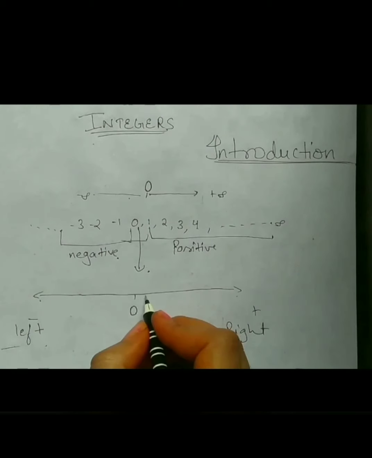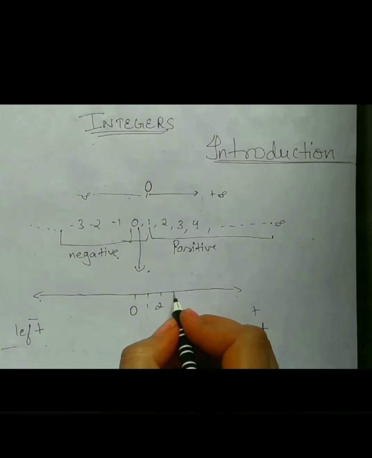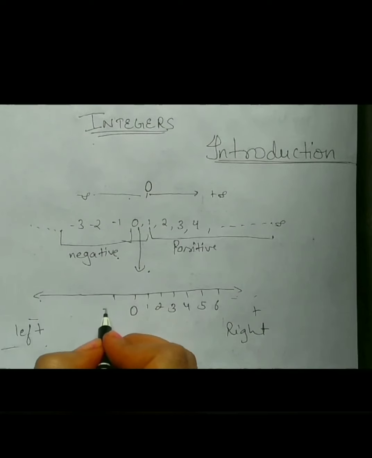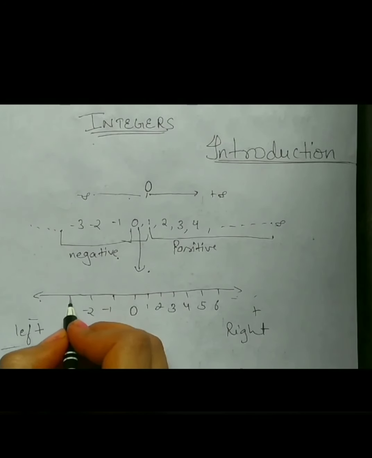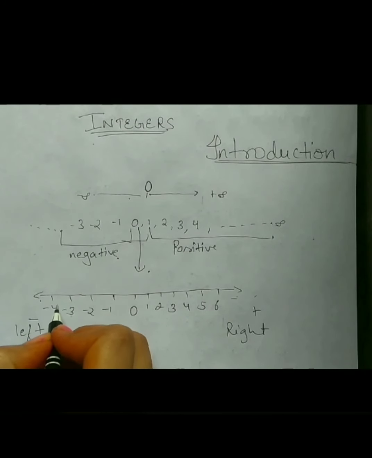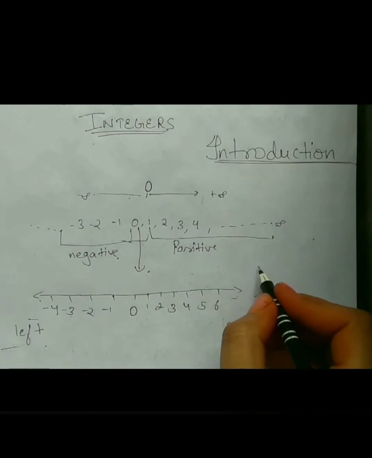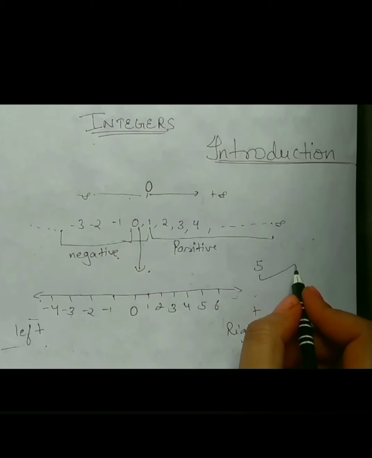Let's plot it on number line. 1, 2, 3, 4, 5, 6 and so on. -1, -2, -3, -4.